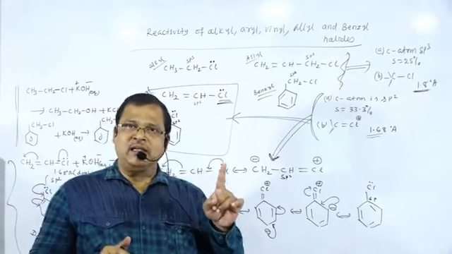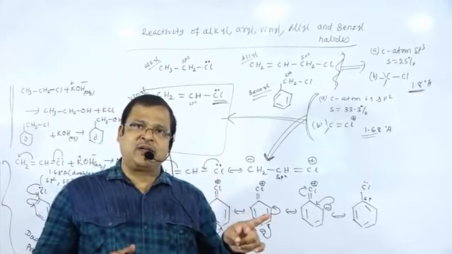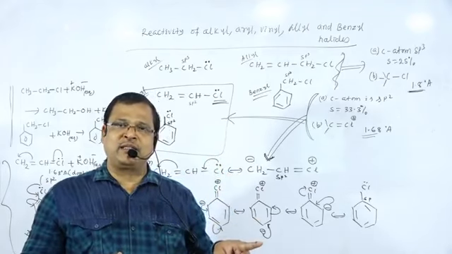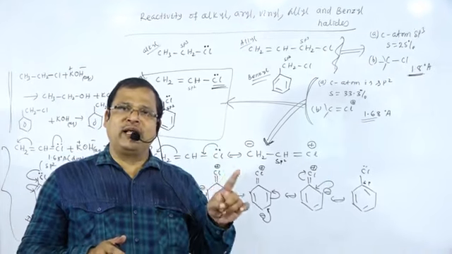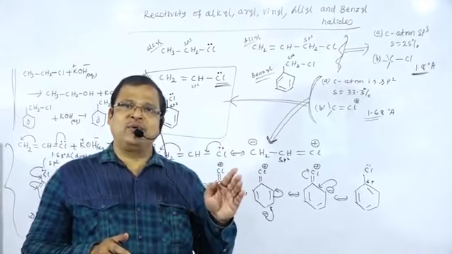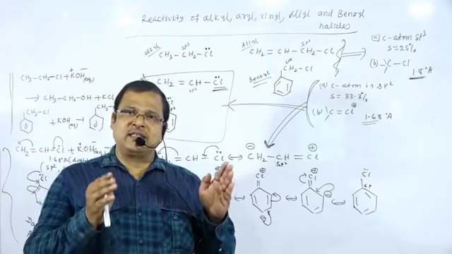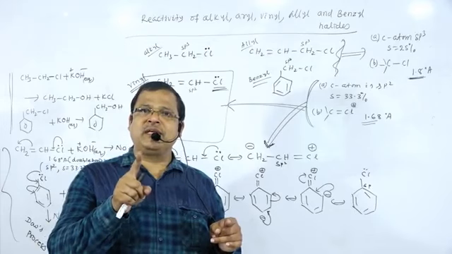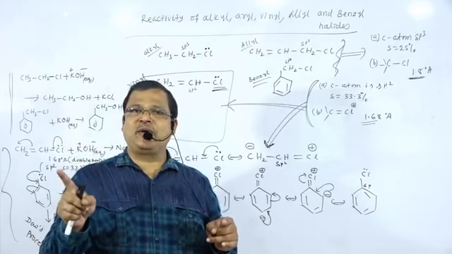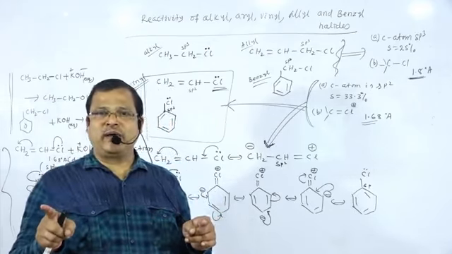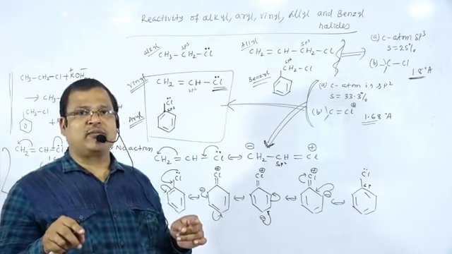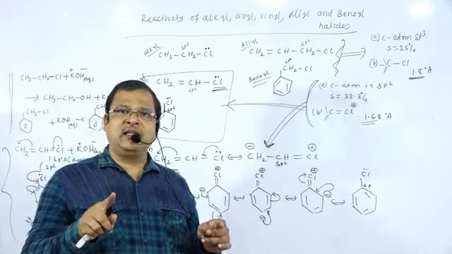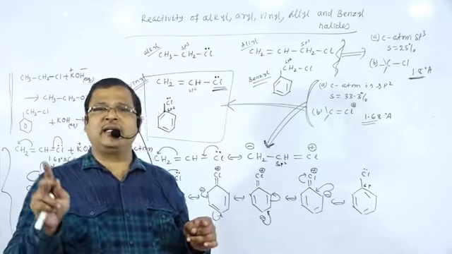If it is attached to an sp3 hybridized carbon atom, the s character is less, no resonance takes place, the carbon-chlorine bond length is more, therefore the bond strength is less and reactivity is more, and the chlorine atom can easily be replaced by a nucleophile like CN minus, NH2 minus or OH minus.